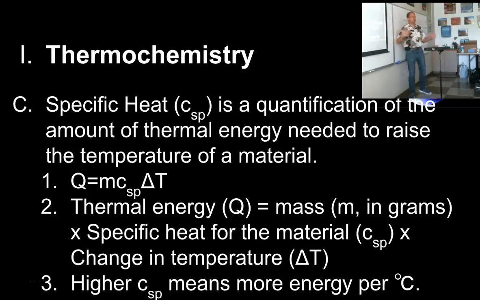It takes more thermal energy to raise the same mass of that substance a degree centigrade. So specific heat has to do with how much energy you have to put into a material before its temperature starts to rise. Some things can absorb a lot of thermal energy before their temperature goes up. Water is an example of that. Some things, their temperature goes up real quick, and copper would be an example of that.